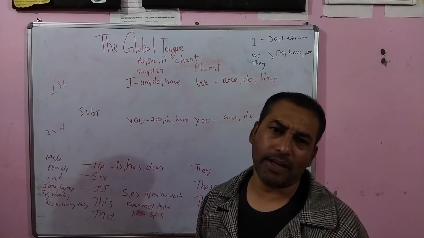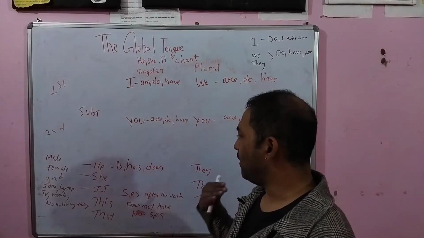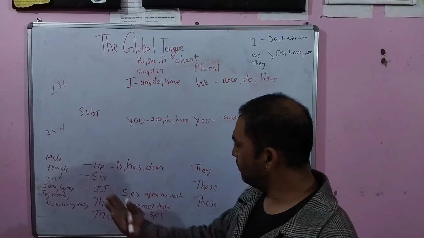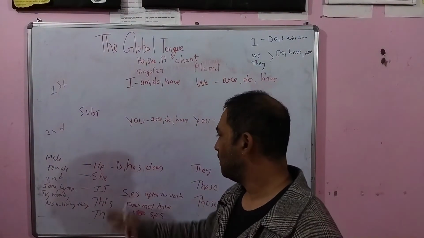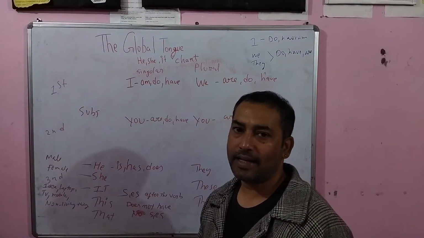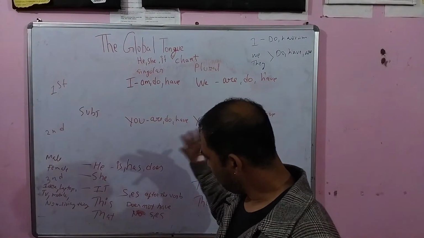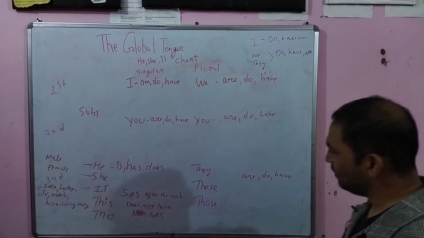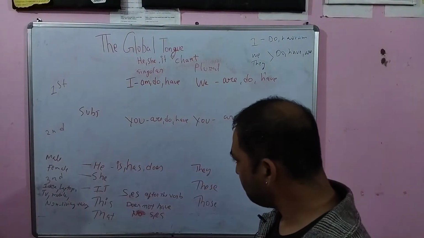Because I often communicate with people, random people, and whenever they use he, she, it, they always forget to use does or has after it. They always use have. And sometimes does, I don't know what all things they use here. So let's quickly understand particularly this part, all right?